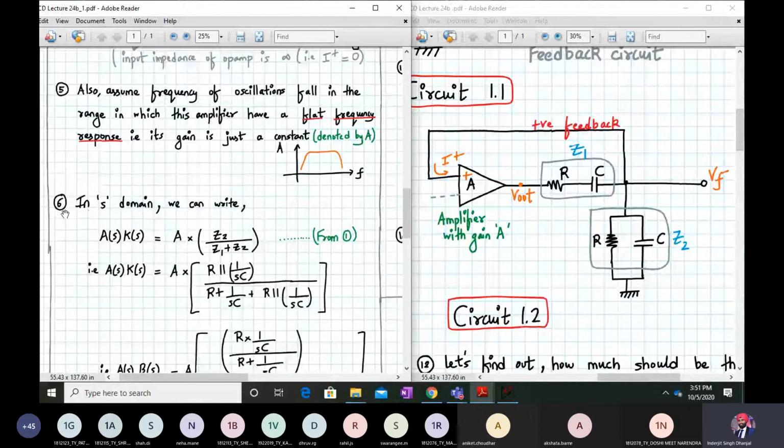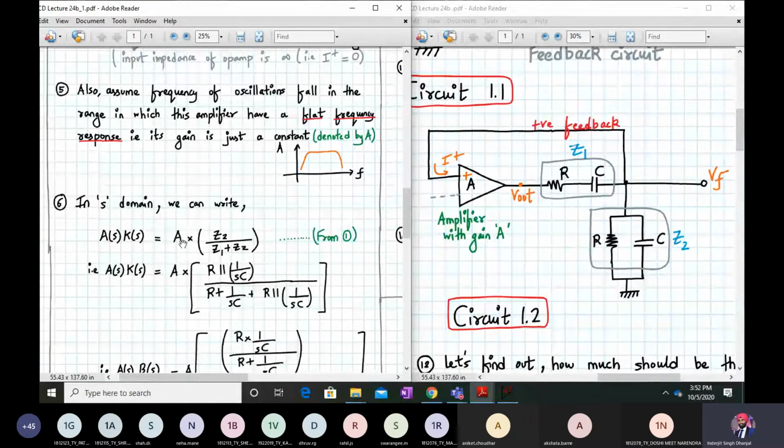Now I think most of you are aware of the S domain, so we can write this same expression in the S domain. What will it be? A of S into K of S will be equal to A times Z2 upon Z1 plus Z2. Now you will wonder why I have written it so. Just now I said that we are assuming the frequency of oscillations to fall in the range where the gain is constant.